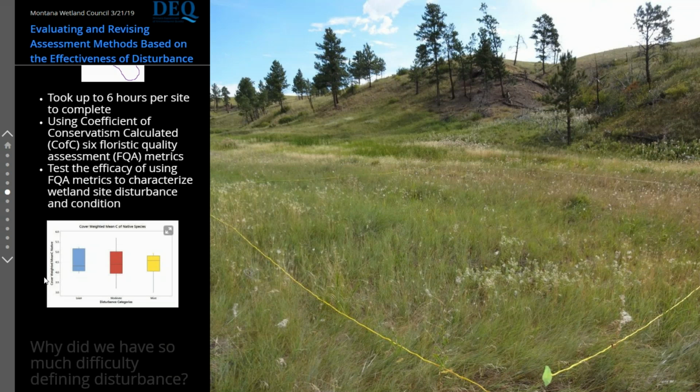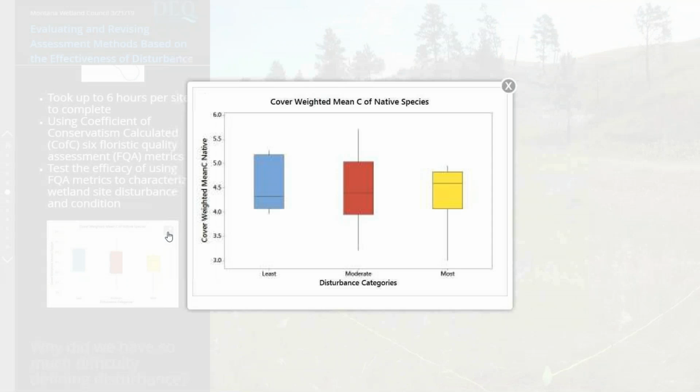And in the Musselshell, the unfortunate fact is that it didn't help us with any of these. Okay? What we see is that across the whole basin, we have a pretty narrow range of coefficient of conservatism values, and it didn't help us separate out disturbance categories.